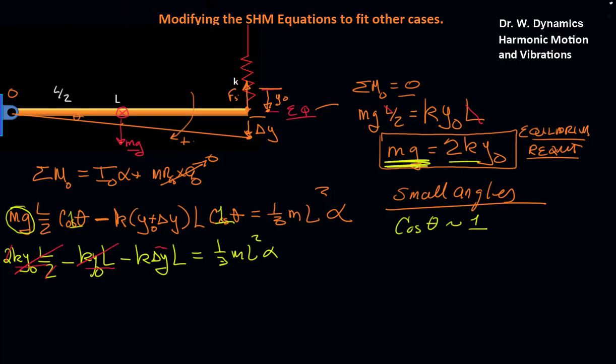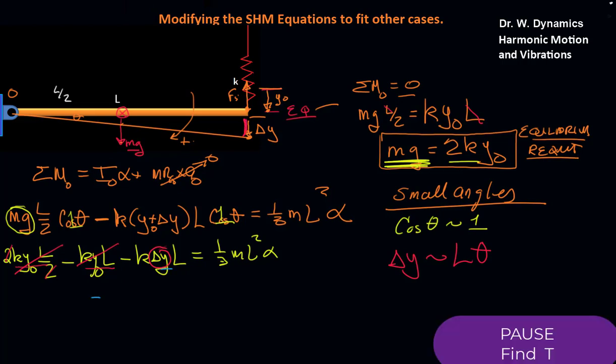Now this delta y here, since it's a small angle, delta y would basically be L theta, the arc length that we pushed this down. So substituting that in, we get minus k L squared theta is 1/3 m L squared alpha.